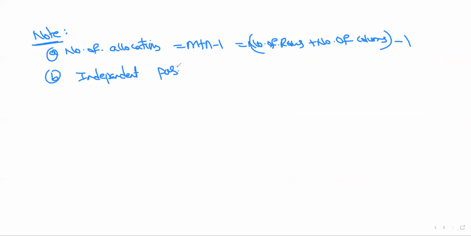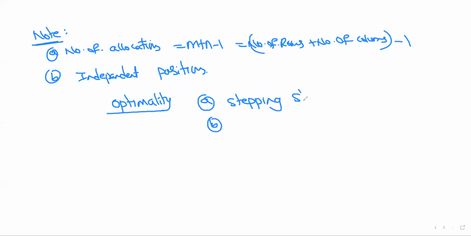When these two conditions are satisfied, then only I can find optimality. Of course, for optimality, we have different methods: one is the stepping stone method, and number 2 is the MODI method, or sometimes we call it the UV method.